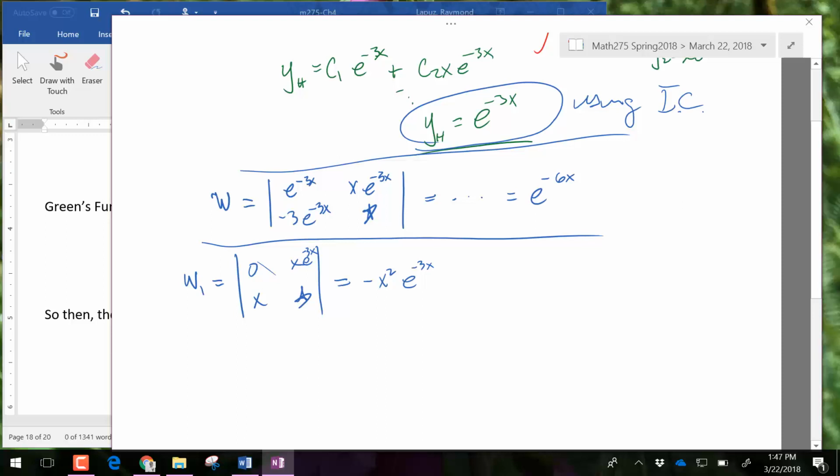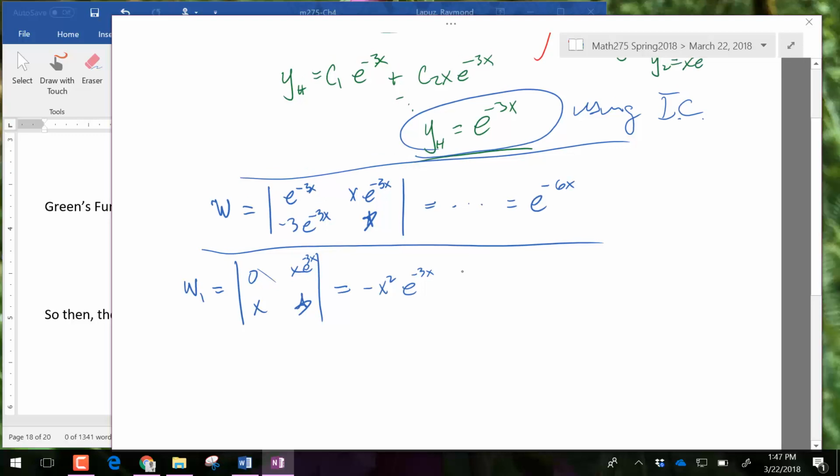All right, the W2 is going to be e to the minus 3x, and then some derivative, and then 0, and then f of x, which is going to be x e to the minus 3x.